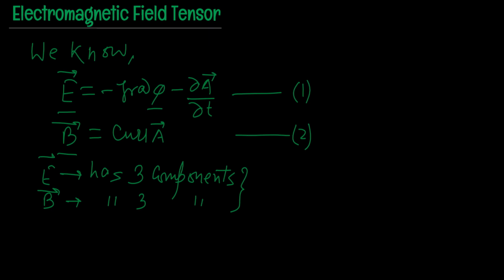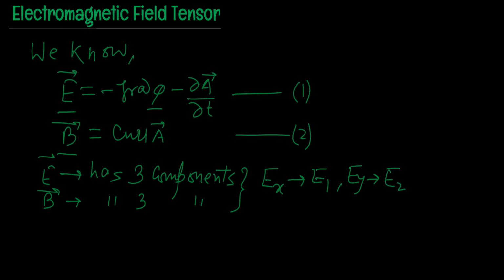For convenience, we write the x component of the electric field vector, Ex, by the symbol E1. Instead of Ex, we will use E1. Instead of Ey, we will use E2.